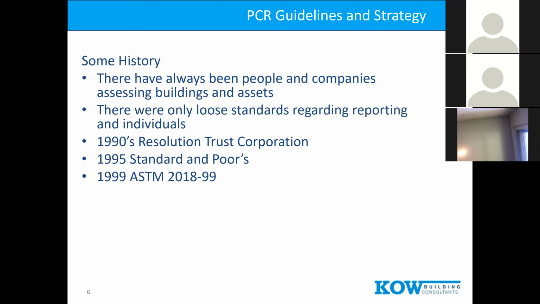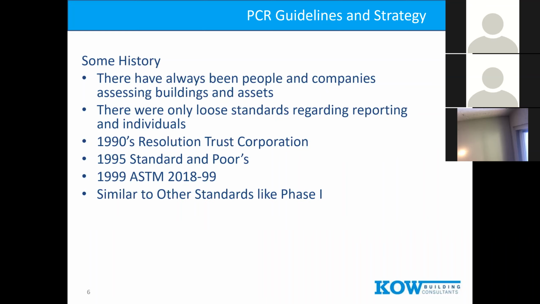A few years later, they write the guideline. So they wrote the guideline, which is kind of the industry standard today, the ASTM 2018-99. Now, the 2018, don't be fooled, that has nothing to do with the year. That is the number of the guideline. And then the dash is 99, the 1999 version.